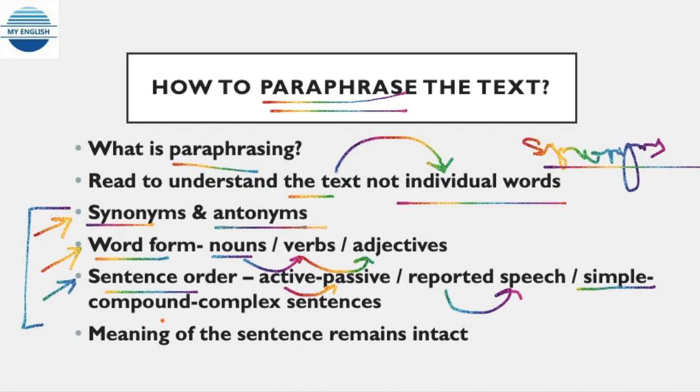Sometimes a combination of simple and compound sentences is formed into complex sentences. So there you again need to see if there is paraphrasing done. But in all these things, it is just the word form or the word or the sentence order that gets changed, but the meaning of the sentence remains intact. That is something that you have to pay attention to.